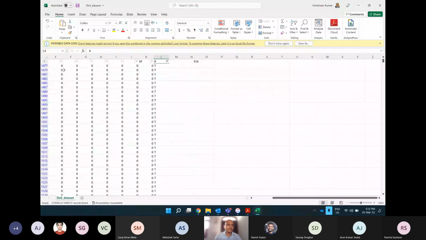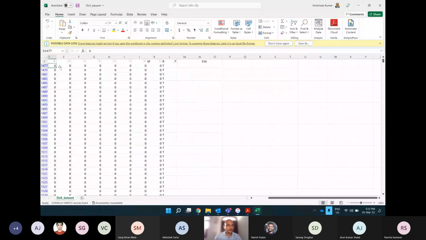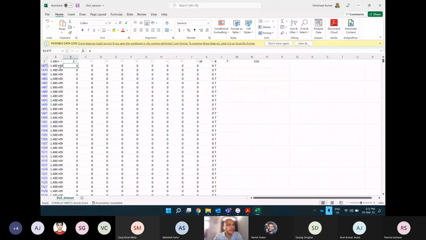Okay. Yes. So the ID for the malicious message is 0, and all malicious messages are of length 8 bytes, and the content is all 0. Okay, so this is DOS attack.